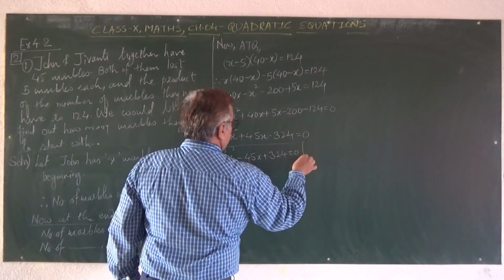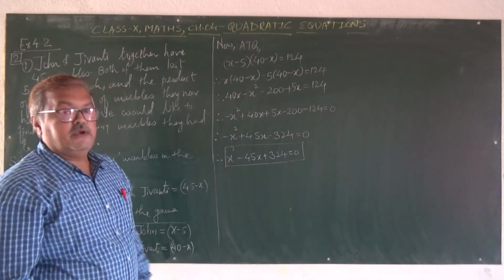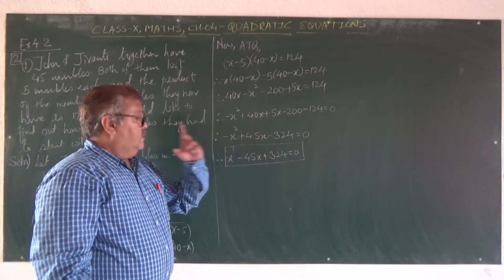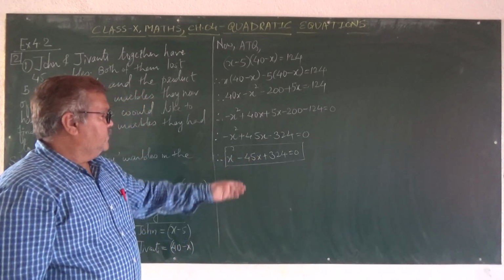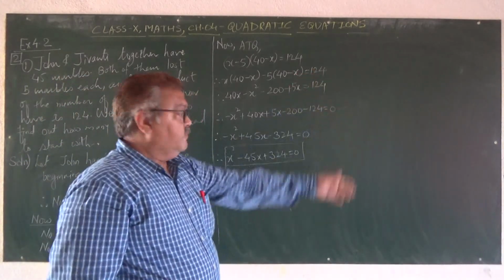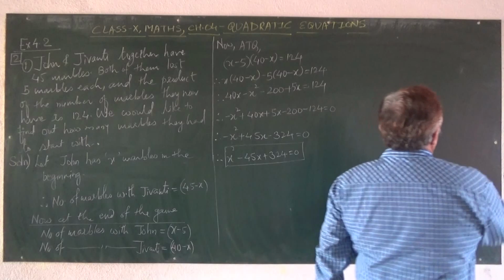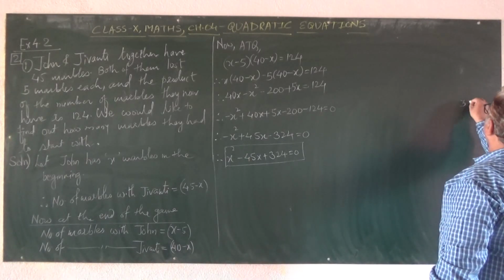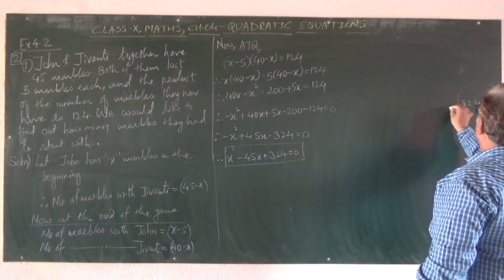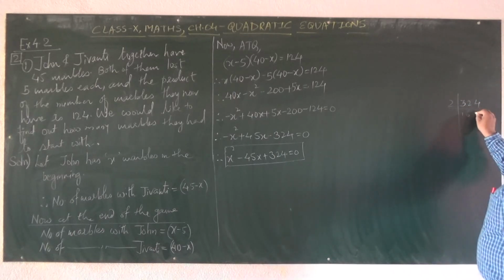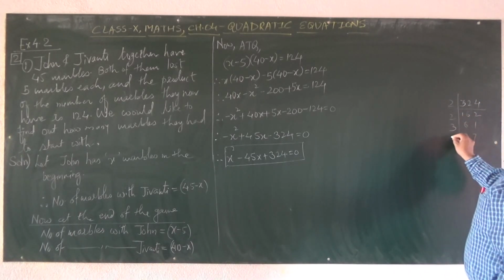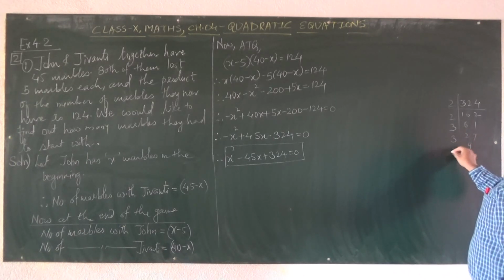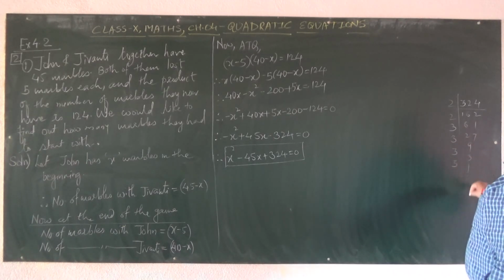So we got here a quadratic equation from the data. Now factorize by splitting the middle term. Okay, 324 and 45. So let us do rough work. Factors of 324. Let us see. 2 1s are 2, 6s are 12, 2 2s are 4, 8s are 16, 1s are 3, 27s are 3, 9s are 3, 3s are and 3, 1s are.